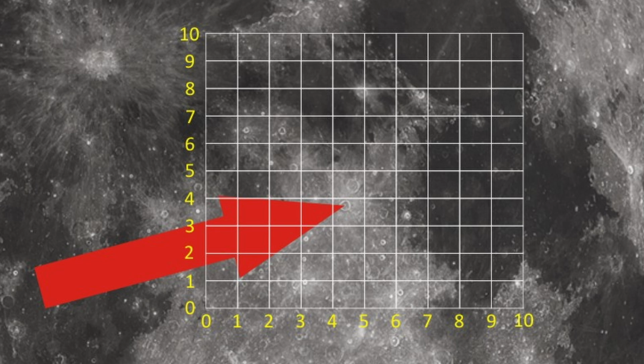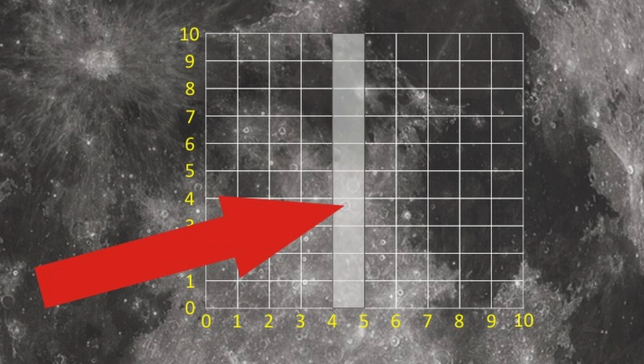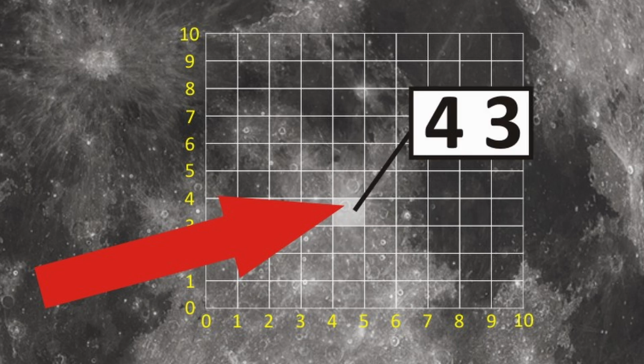If we look at the numbers along the bottom of the map, we can see that our crater is in column 4. Then we go up the map and read at the side, and we can see that our crater is in row 3. So when we join these two references together, we can say that our crater is somewhere within 4-3.